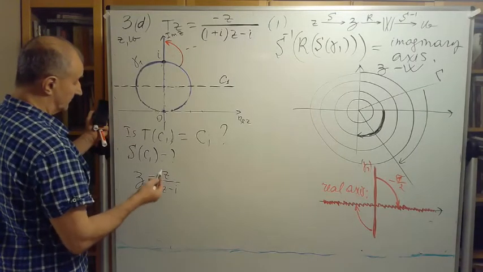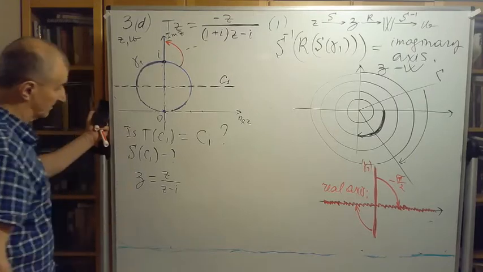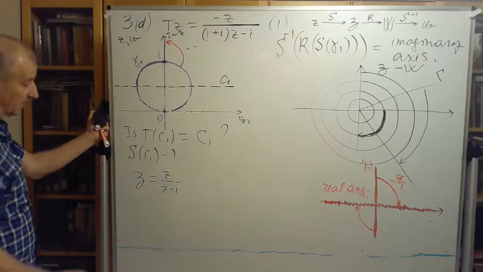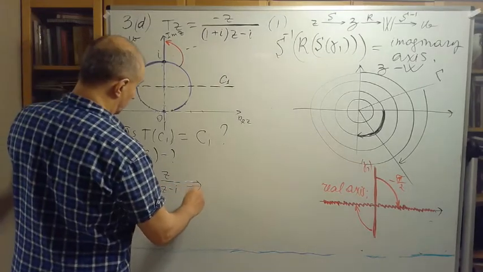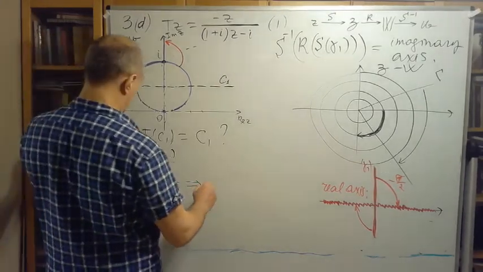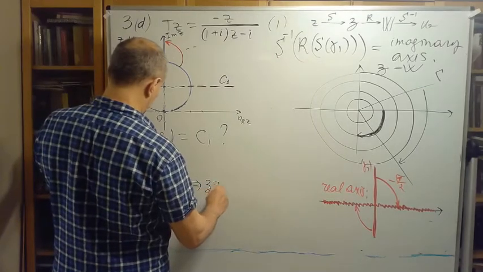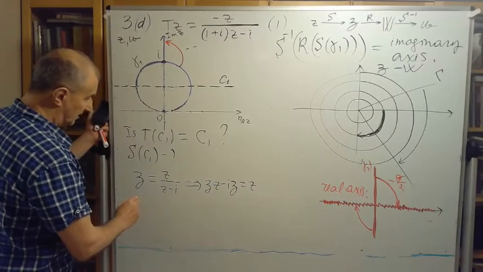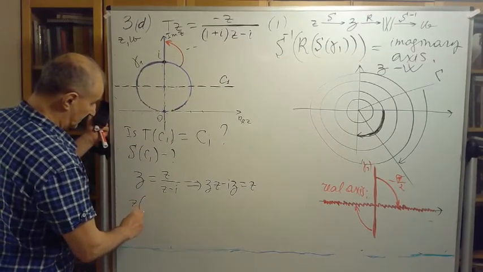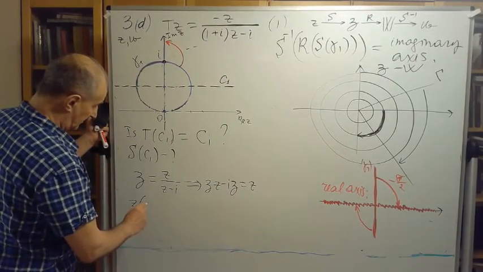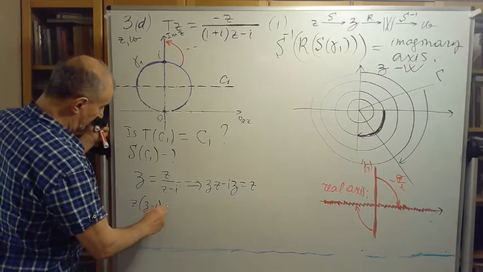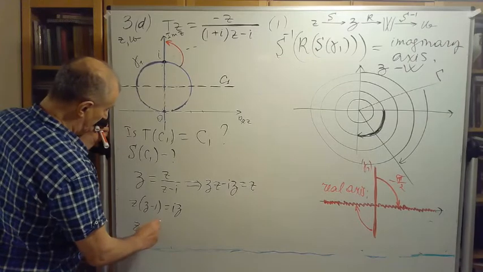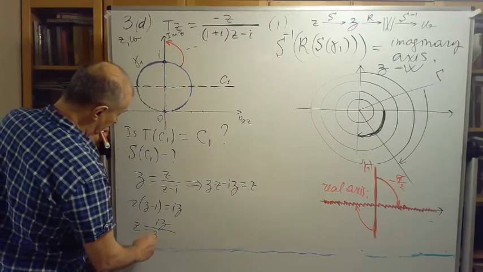So, you can find from here, and we already found it, that z minus i equals to zw, and w minus 1 equals iz. So z is iw over w minus 1.